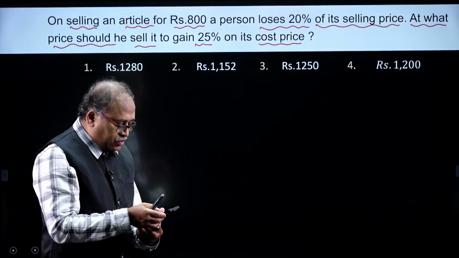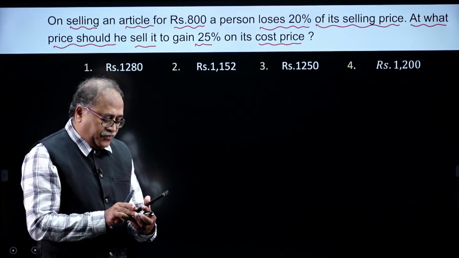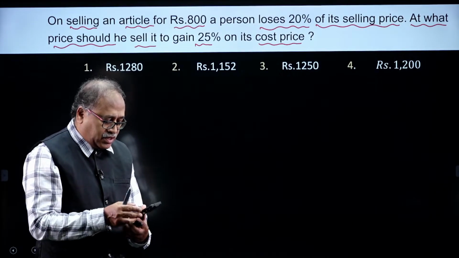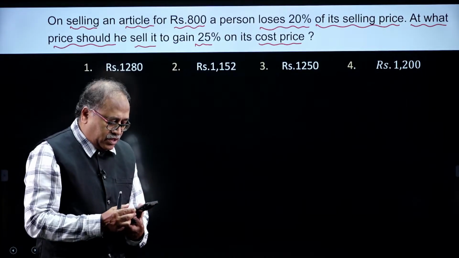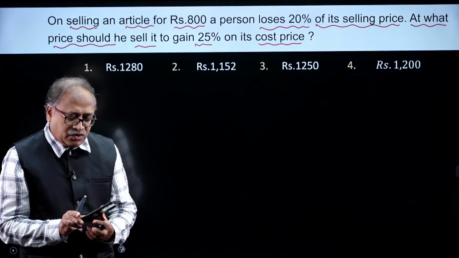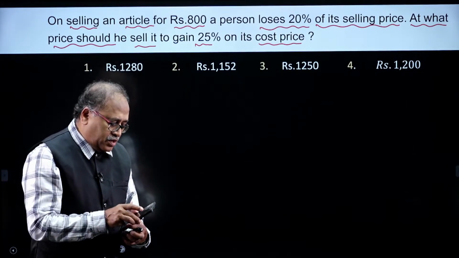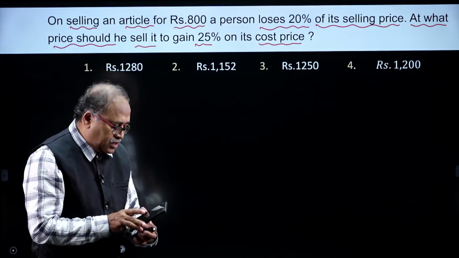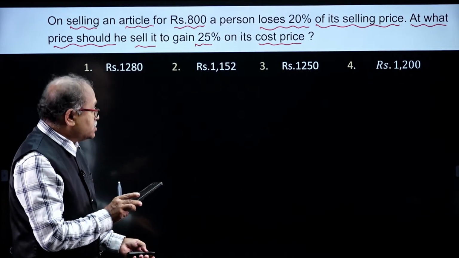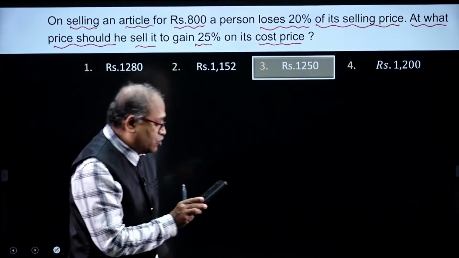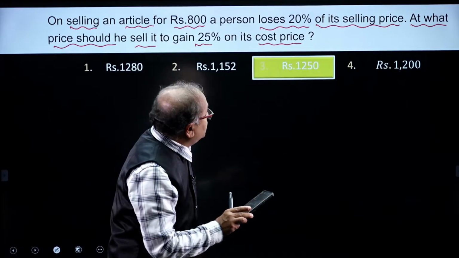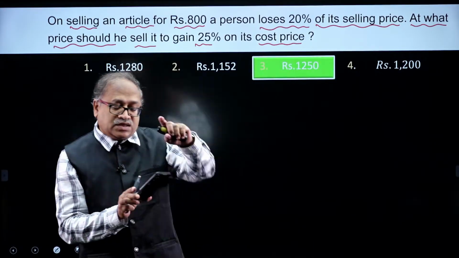Oh, option 2, 1250. That's great. One minute, let me keep the volume down and let me check your answer. You said option choice 2. No, it's 3. Acha, but your answer is correct.